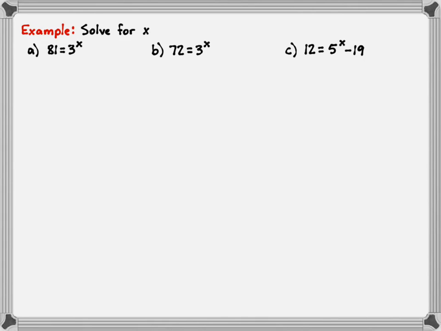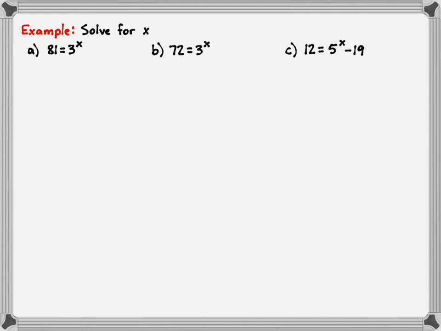Okay, so let's take a look at some examples of this so we know how to do this. Let's get some practice with this. Here we have an exponential equation that says 81 equals 3 to the x. Now I know we can solve for x. That's not the point right now. We can figure out what x is without the help of logarithms. But the point is to rewrite this in logarithm form in such a way that gets x by itself.